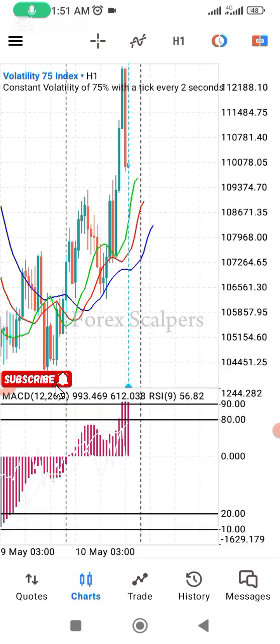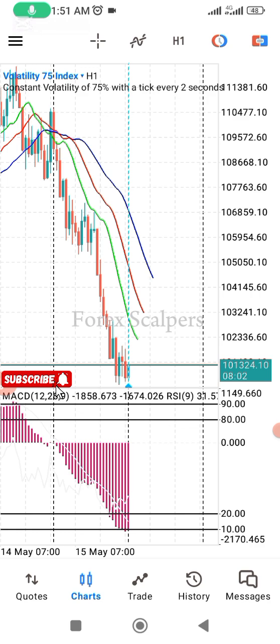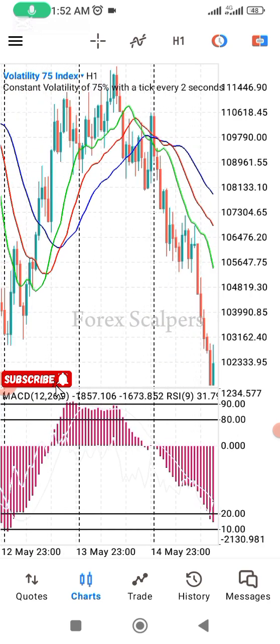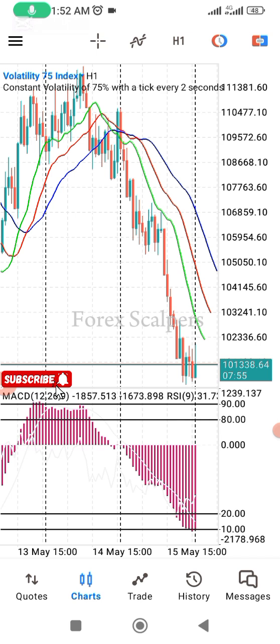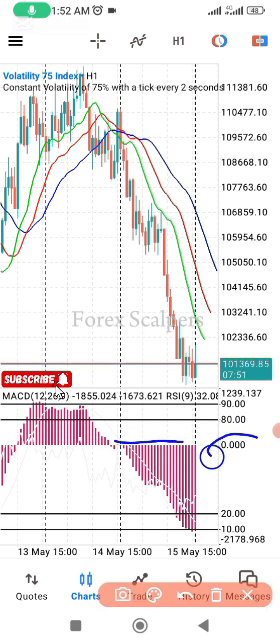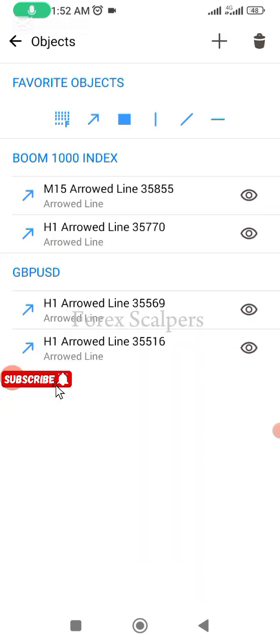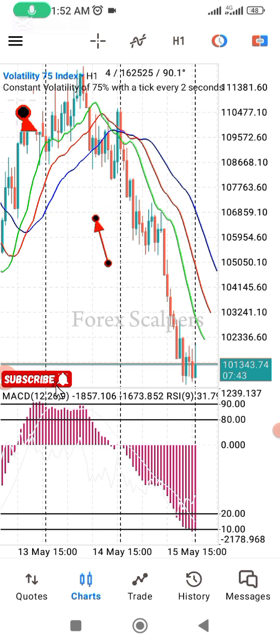Let's look at volatility and see how this works as well. This is 1 hour time frame, beautifully well, right? See this, below the level of zero, and our indicator has crossed.